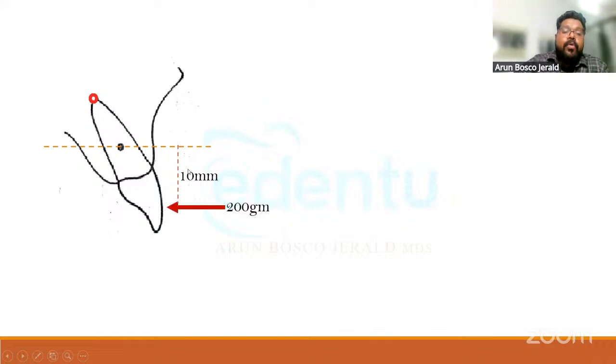Suppose we are giving a force of 200 gram at this point on the crown. Now, since the force is applied away from the center of resistance, there is a tendency for rotation. This tendency for rotation, when a force is applied to the tooth, is called as moment. So this is the moment.